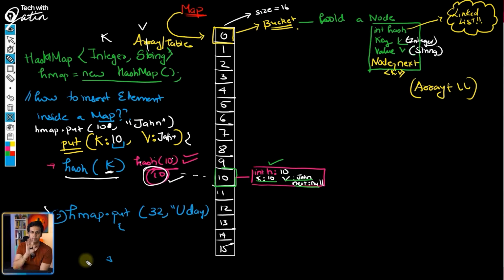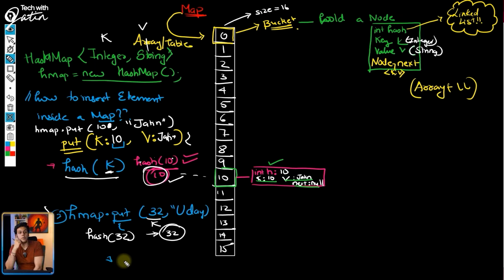Now, understand something. Since it's a put operation, it needs to be put inside this map. So, hash of what will be calculated? Hash of the key. What is the key? Key is 32. What is the hash of 32? You will say the number itself.